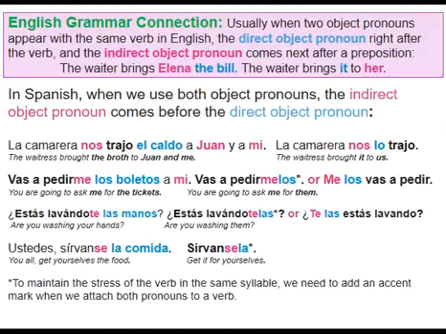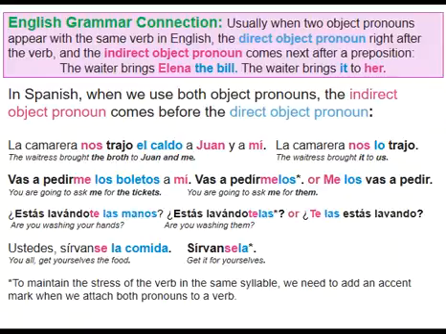And now we have an example with a reflexive verb. Remember that reflexive pronouns can either be indirect object or direct object pronouns. In this case, we have an indirect object pronoun, and las manos is going to be our direct object. ¿Estás lavándote las manos?